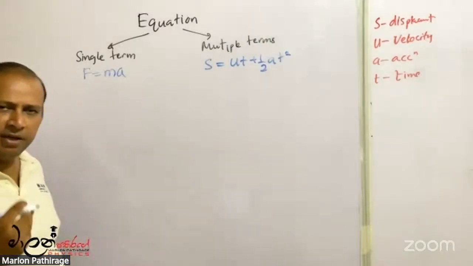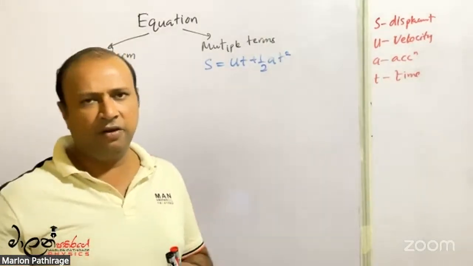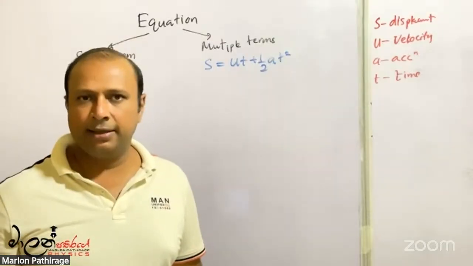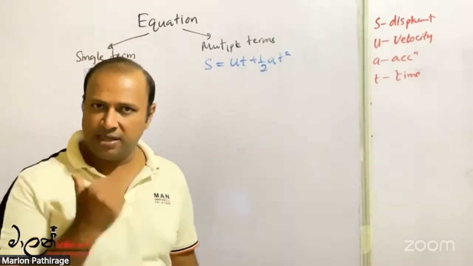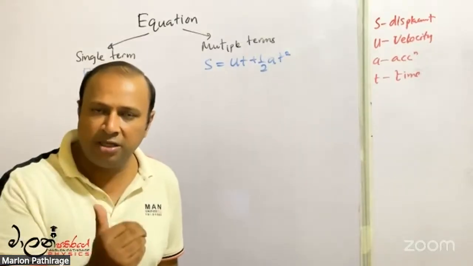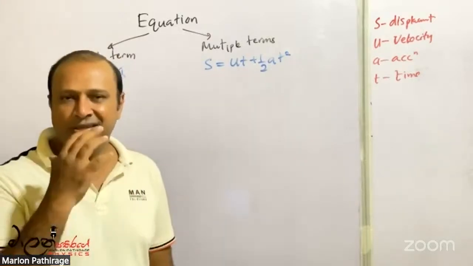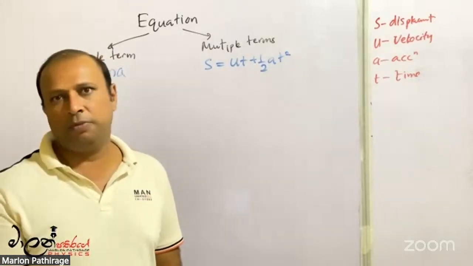If you are given an equation with any terms, you can use that basic argument. What is the argument for that? All the terms in that equation should have the same dimension.